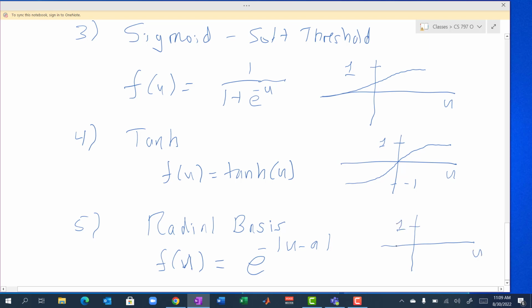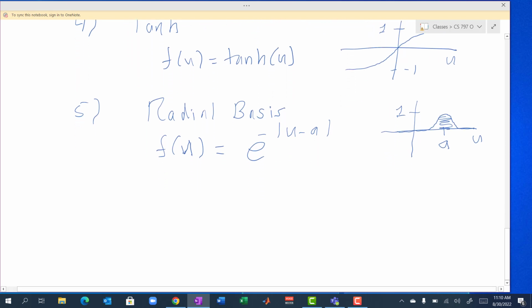So this looks like this. It's a bump function. And the center of the bump is that value A. This neuron is designed to mimic how certain regions of the brain will respond to certain inputs. And so you can see that this responds to a narrow region of input space on the U-axis.